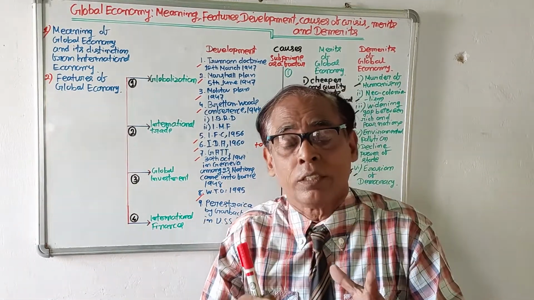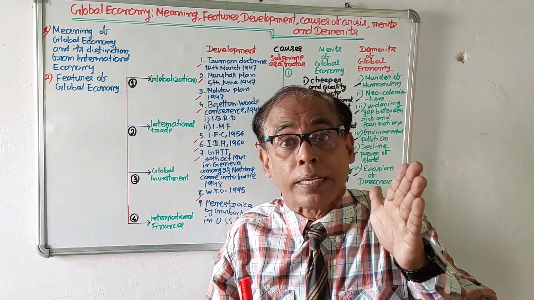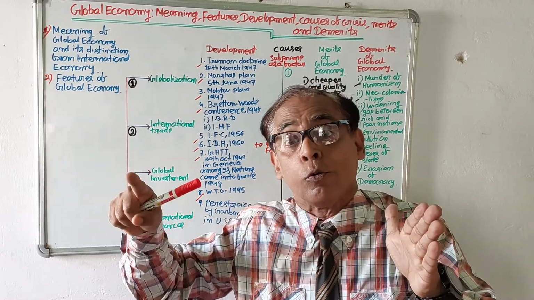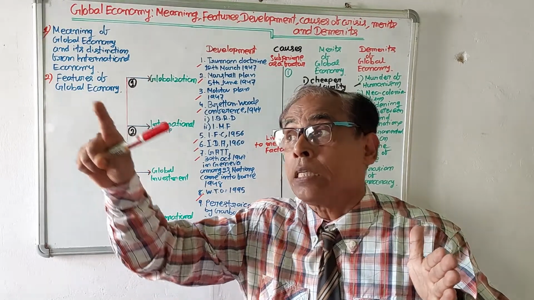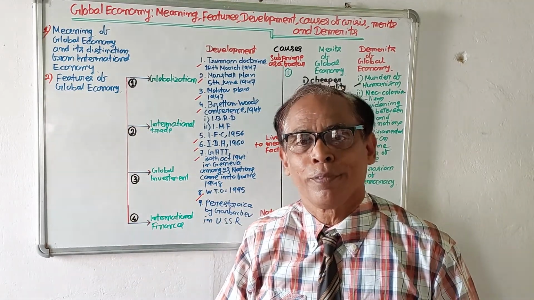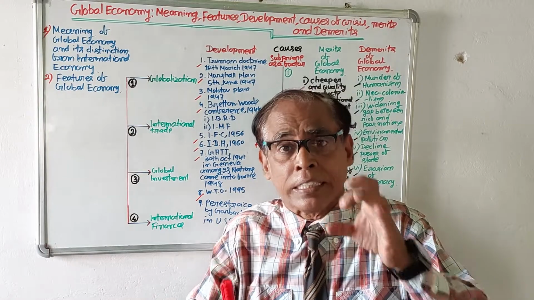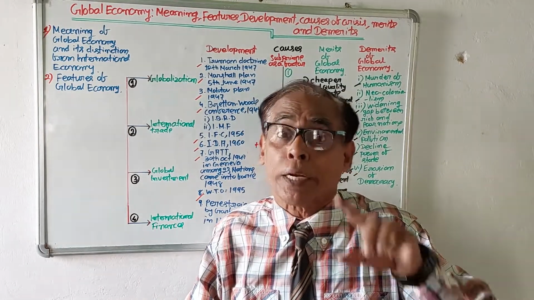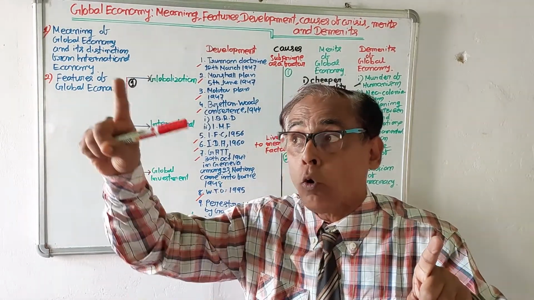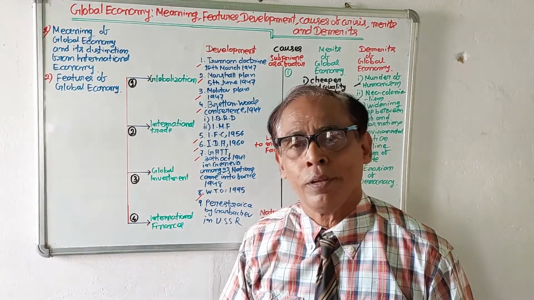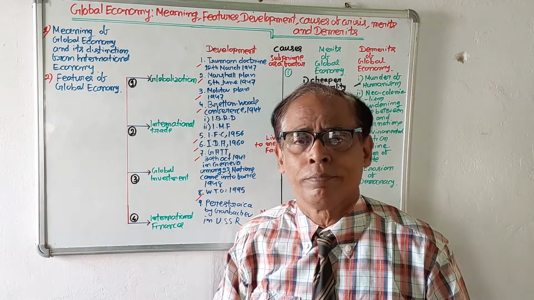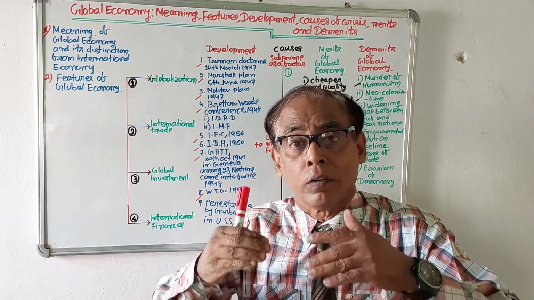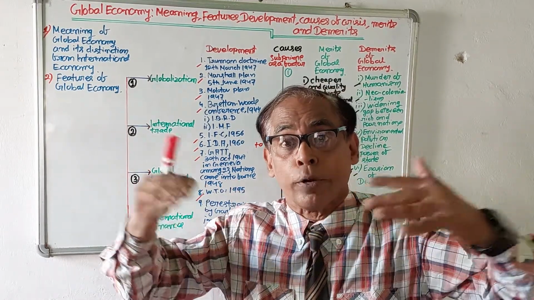Global economy means the economy of a country will be interlinked with the nations of the world. So whenever there will be any change in the economy of a country, it will affect all nations. For example, if you throw a stone to a pond, immediately water waves will move away.